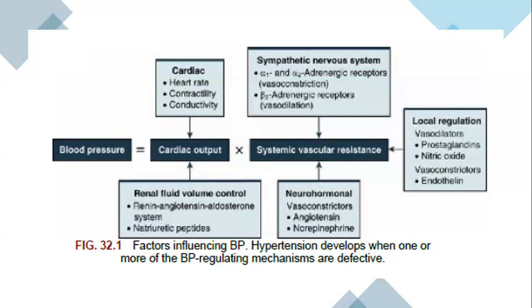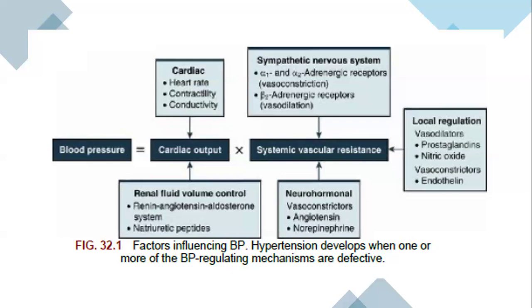Meanwhile, the systemic vascular resistance is shaped by several mechanisms. The first one is the sympathetic nervous system. There are alpha-adrenergic receptors that can cause vasoconstriction and beta 2 receptors that can promote vasodilation. The second mechanism is neurohormonal factors like angiotensin and norepinephrine, which act as vasoconstrictors.